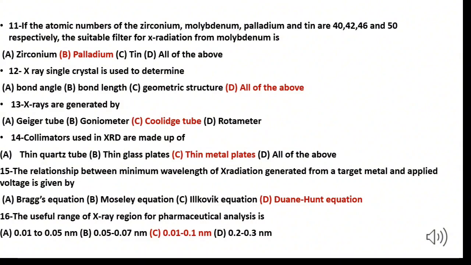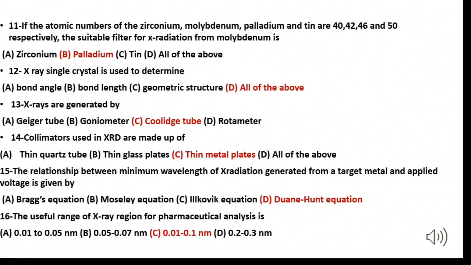Number 14. Collimators used in X-ray diffraction are made up of tungsten metal plates. Number 15. The relationship between the minimum wavelength of X-ray radiation generated from a target metal and the applied voltage is given by the Duane-Hunt equation. 16.